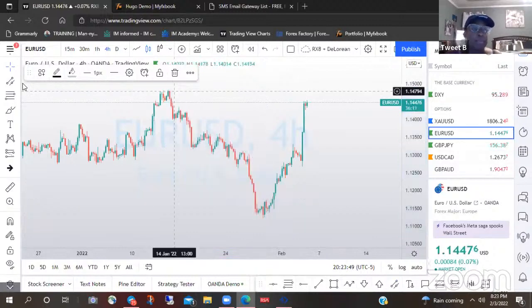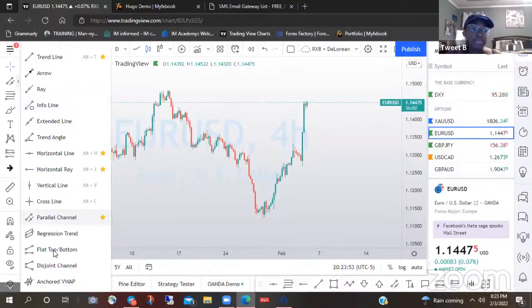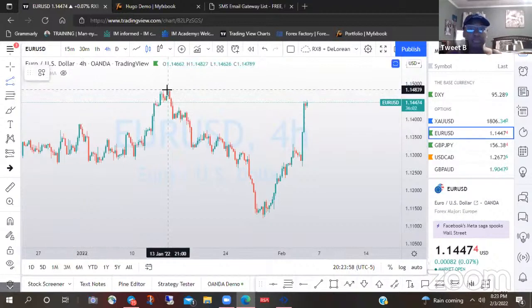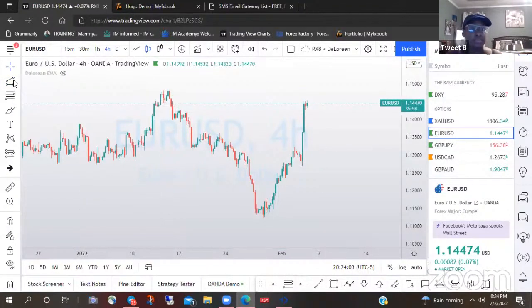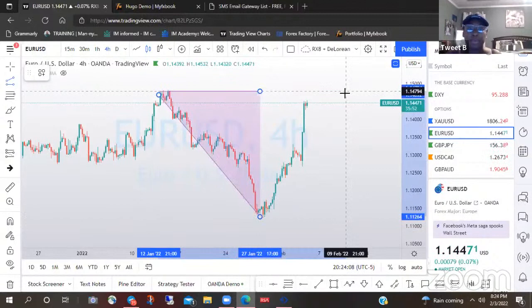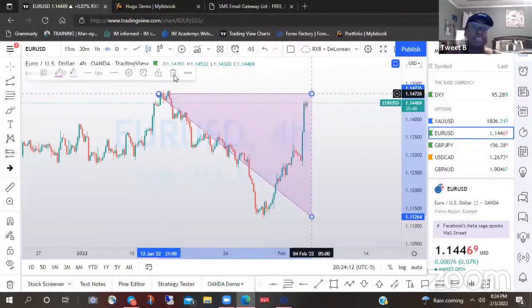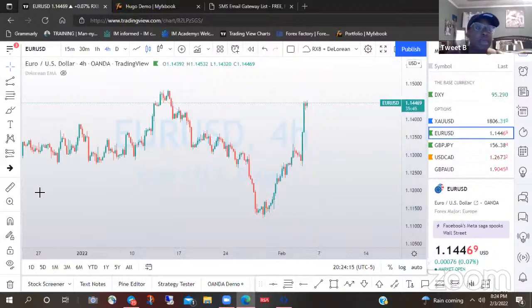Just to make marking up a little more simple. If you thought this was a wedge, you could mark this up and boom, you automatically have a wedge on your chart. So it just makes things a little bit simpler.